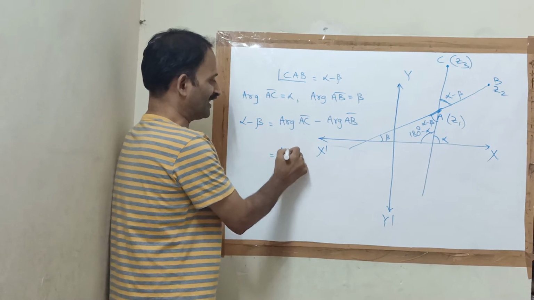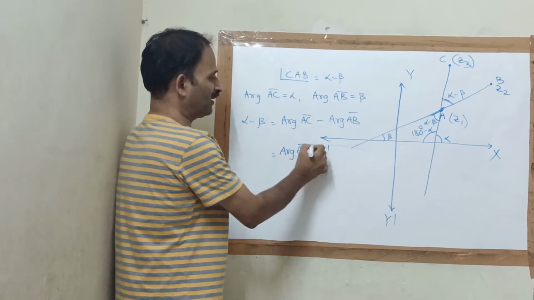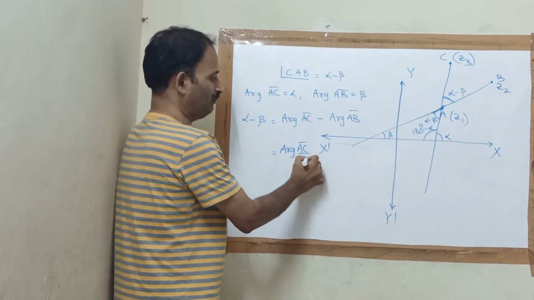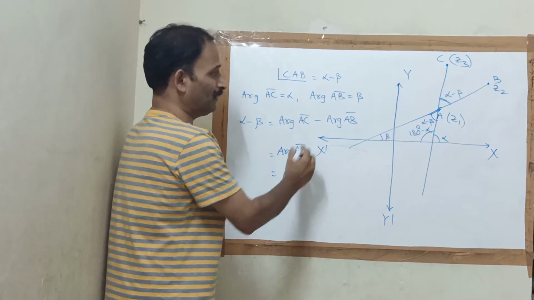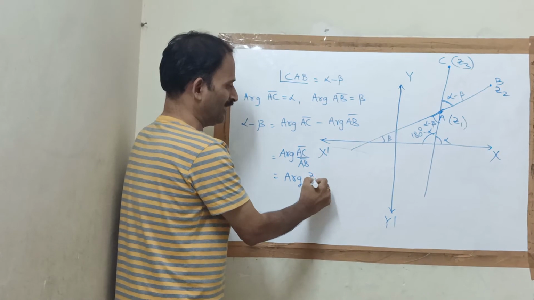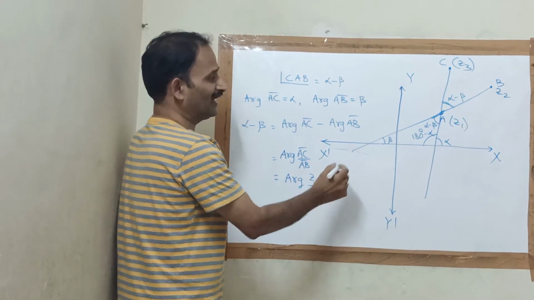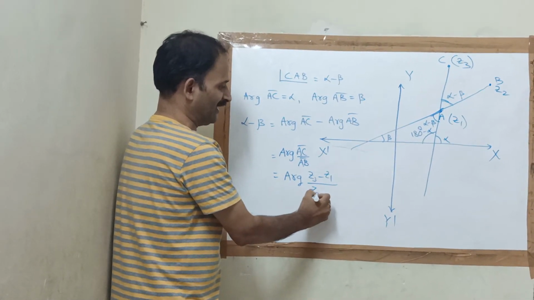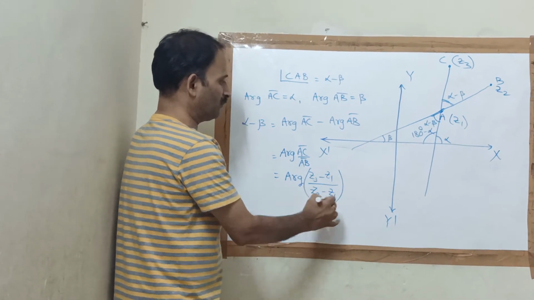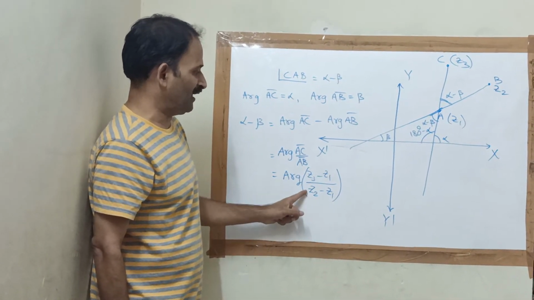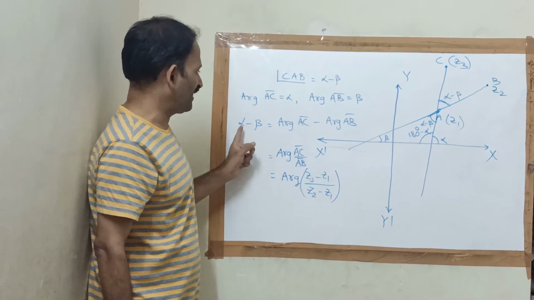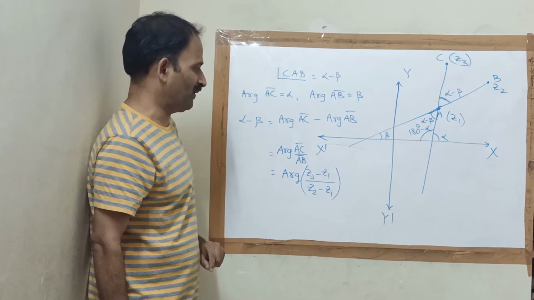From that this can be written as argument of AC bar by AB bar. Here this is argument of AC bar, that is z3 minus z1, by AB bar, that is z2 minus z1. That means the argument of this complex number z3 minus z1 by z2 minus z1 is alpha minus beta.